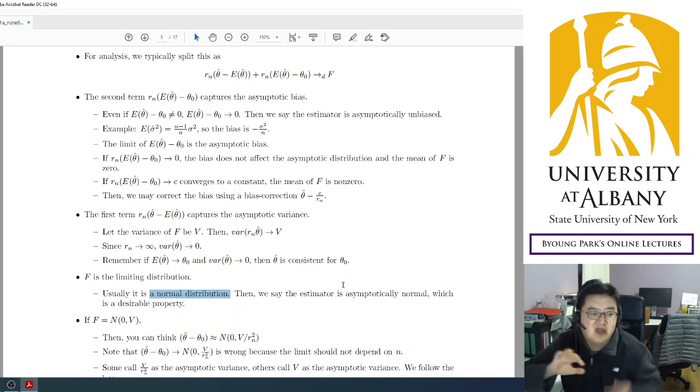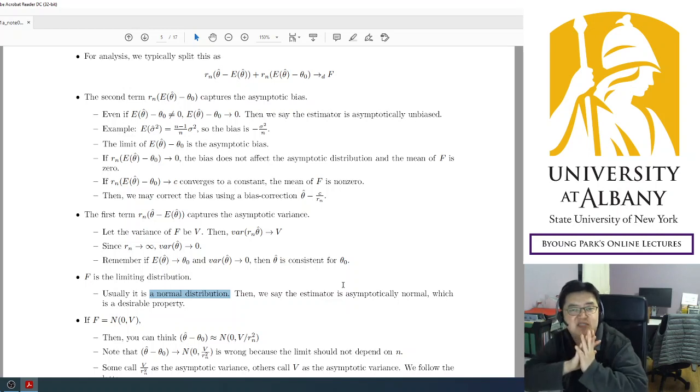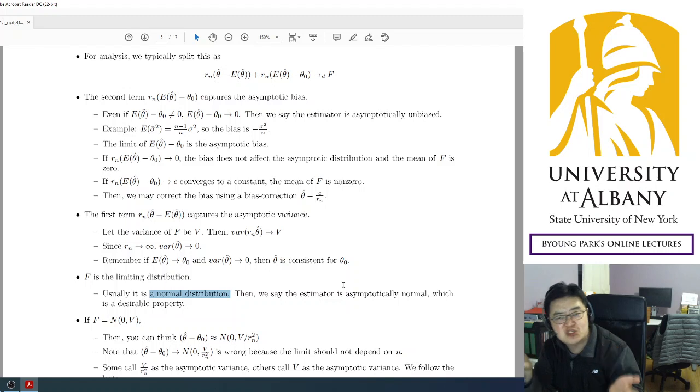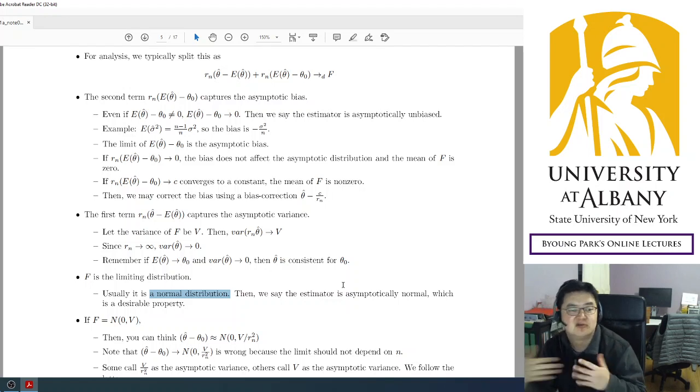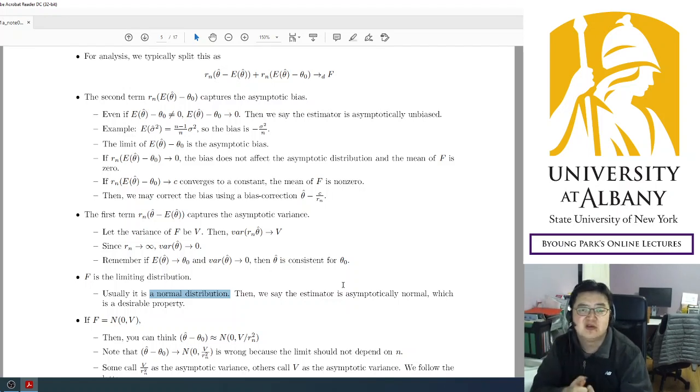The estimation error is normally distributed in the limit, which is a very nice property because you know how it works. You know very well what a normal distribution looks like. So that means you know how the estimation error will be distributed. So it's nice.